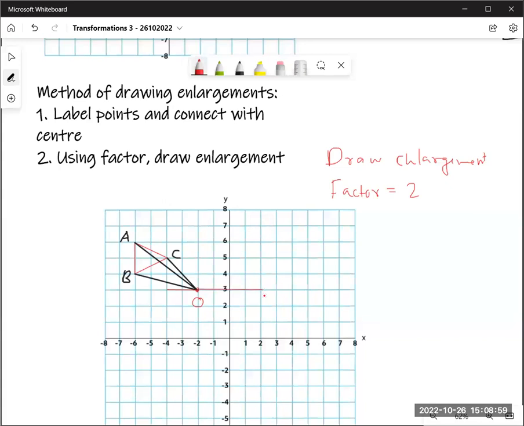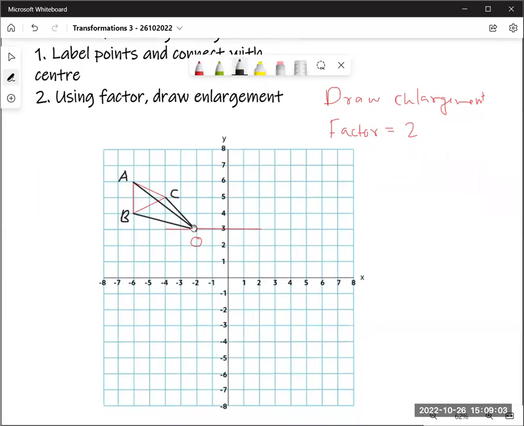But which side are you supposed to draw it on? Exactly. So when we're joining these lines, we'll actually extend them a bit. Yep. Much better.